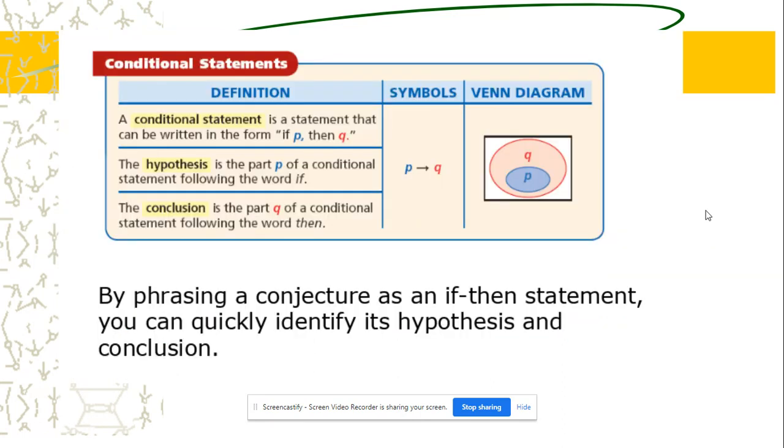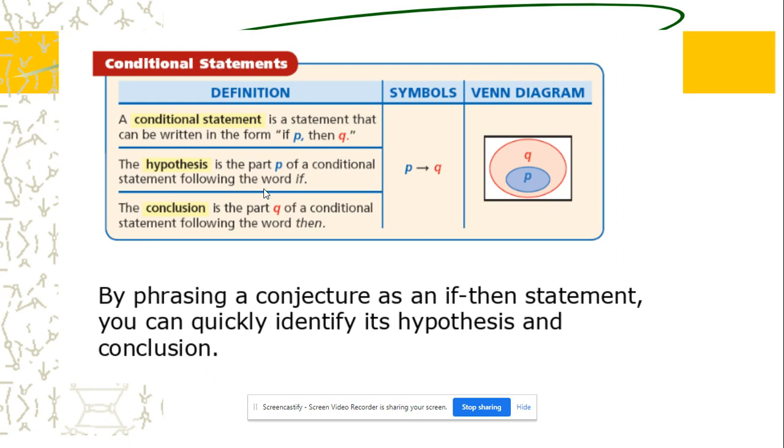Conditional statements are statements that can be written in the form if P, then Q. And so that's what this symbolic notation is right here. A conditional statement consists of two parts: the hypothesis and the conclusion. The hypothesis is the part P of a conditional statement. It's the part that follows the word if.